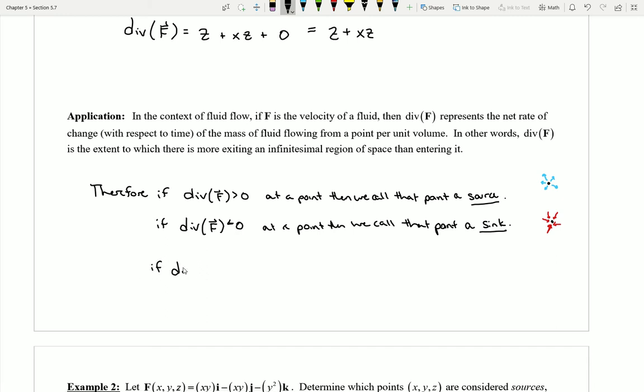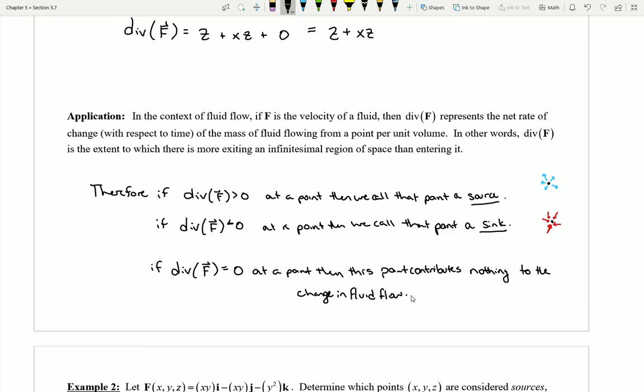Of course, it's also possible that I don't get a negative or a positive number when I calculate the divergence, but maybe I get exactly 0. And if this happens at a point, then this point contributes nothing to the change in fluid flow, or the rate of fluid flow.